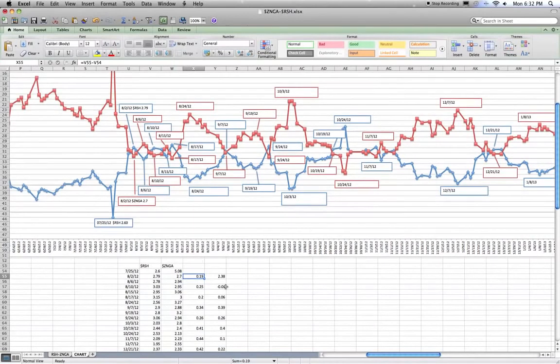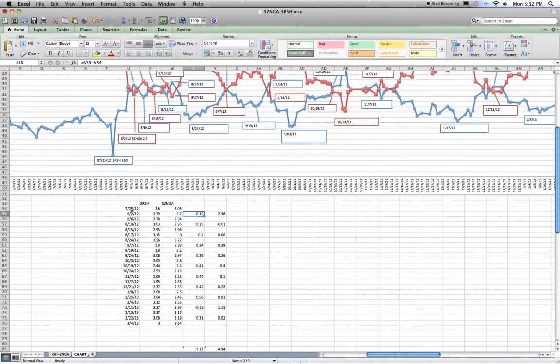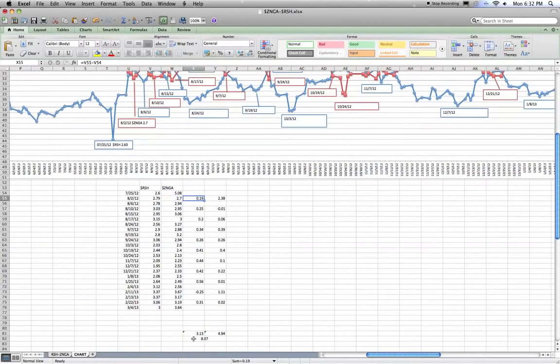And if you were to calculate those for every signal from July 25th, 2012, you would have made $3.13 for one stock, and $4.94 for the other one. So the grand total is $8.07 for both of these.